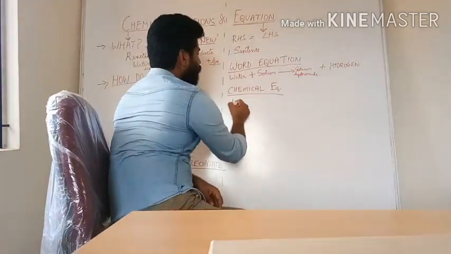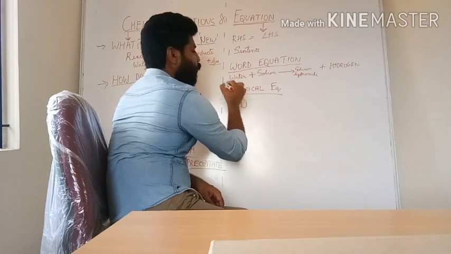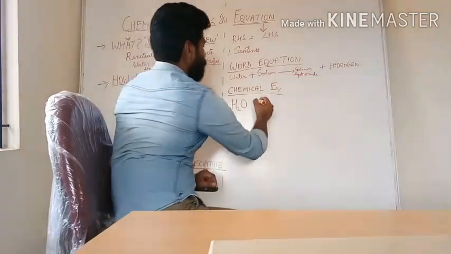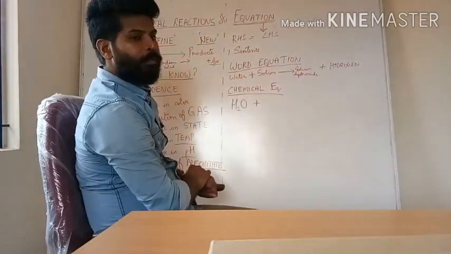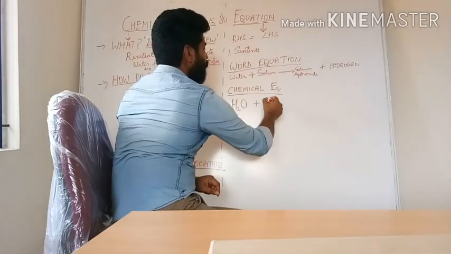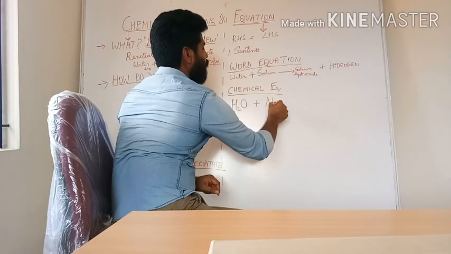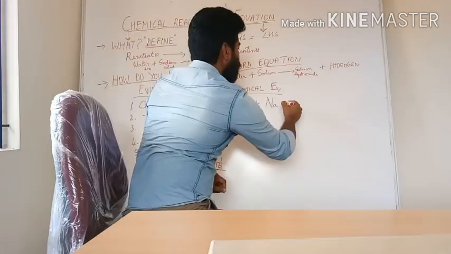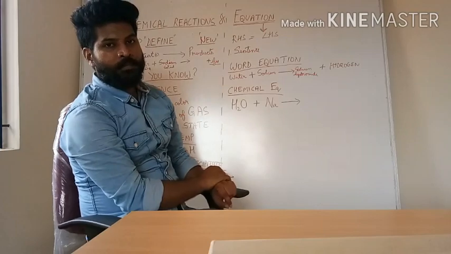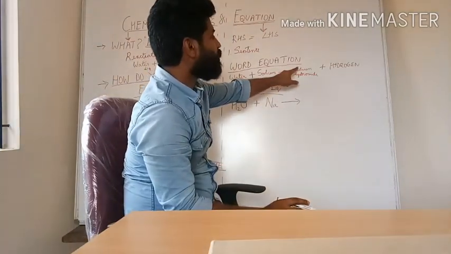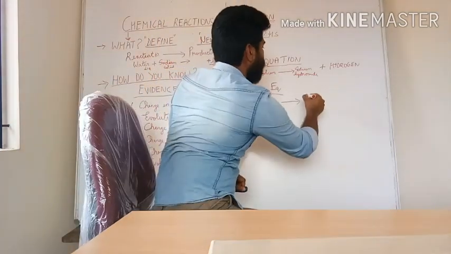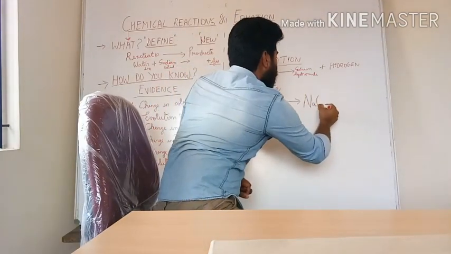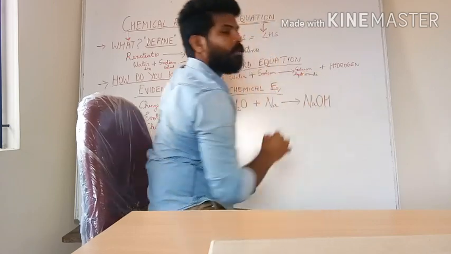So water formula is H2O. It is a universal formula, everywhere it is the same, right? We use a plus symbol. Sodium scientific name is natrium, represented by Na. We have the arrow mark. Then we have the first product, sodium hydroxide, NaOH.